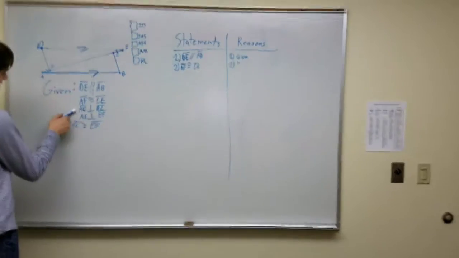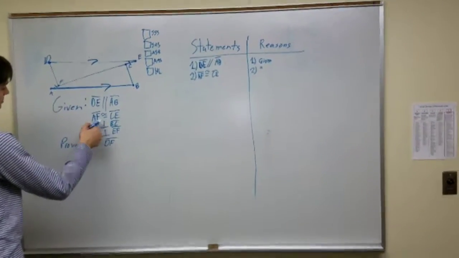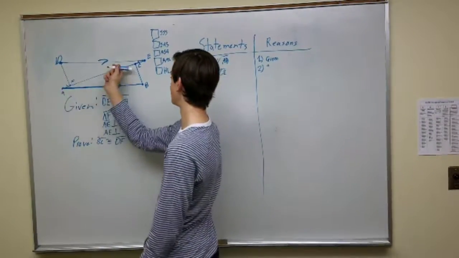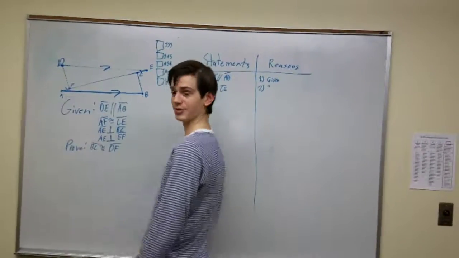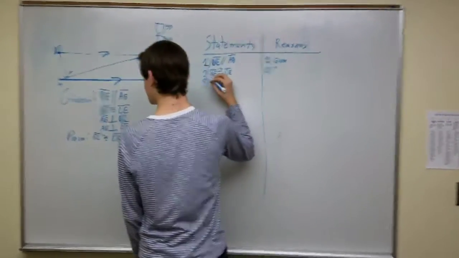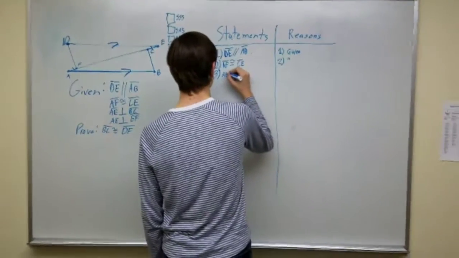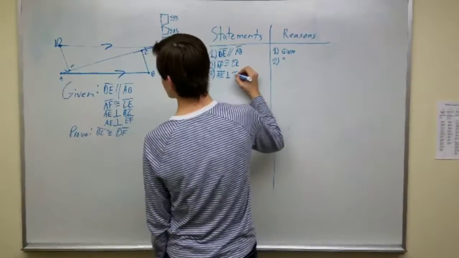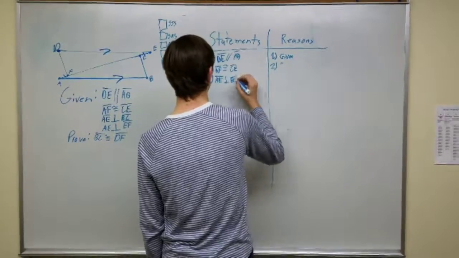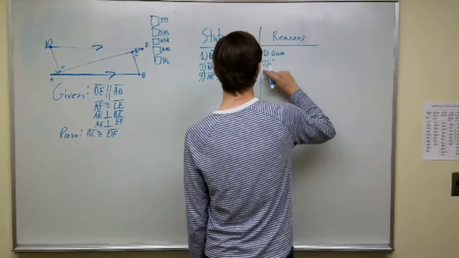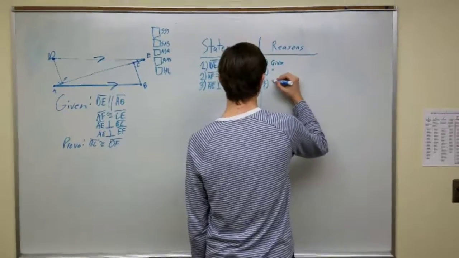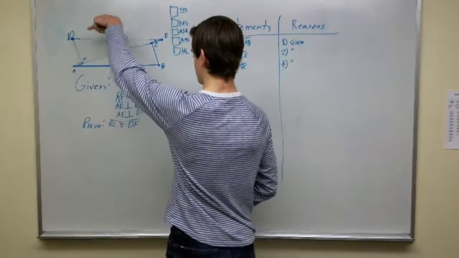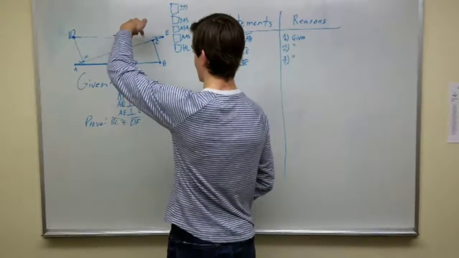Next step is that line AE is perpendicular to line BC. Right there, line AE, BC perpendicular, line AE, DF perpendicular. And same with lines AE and EF.